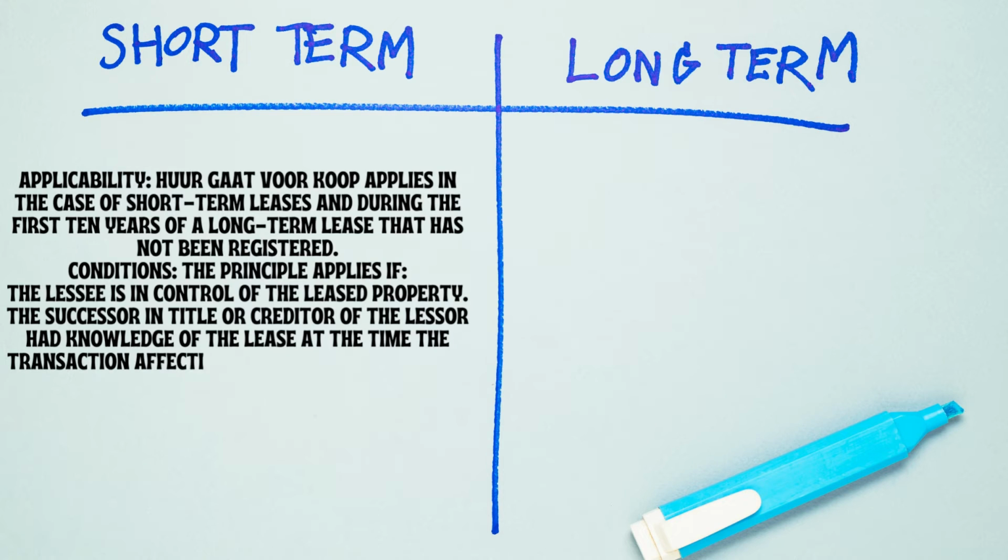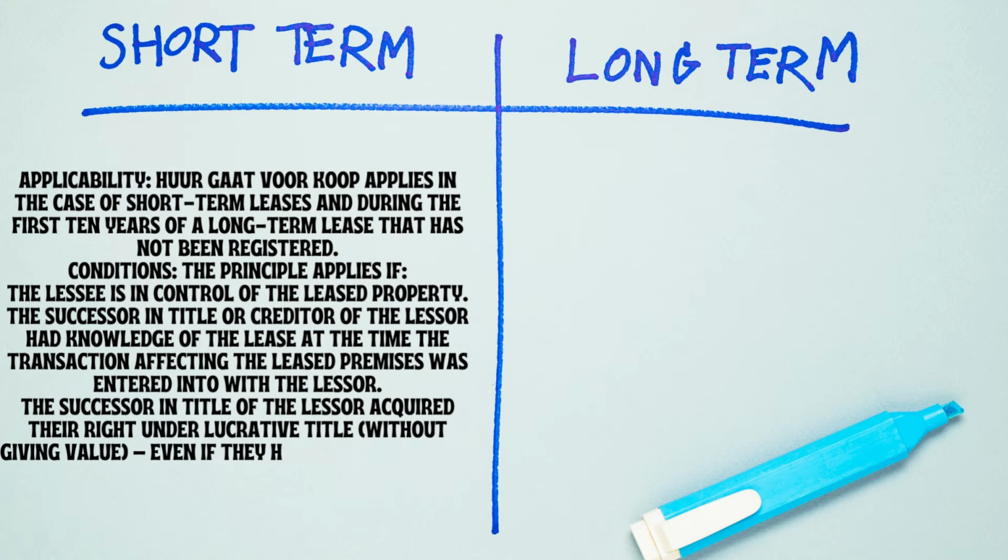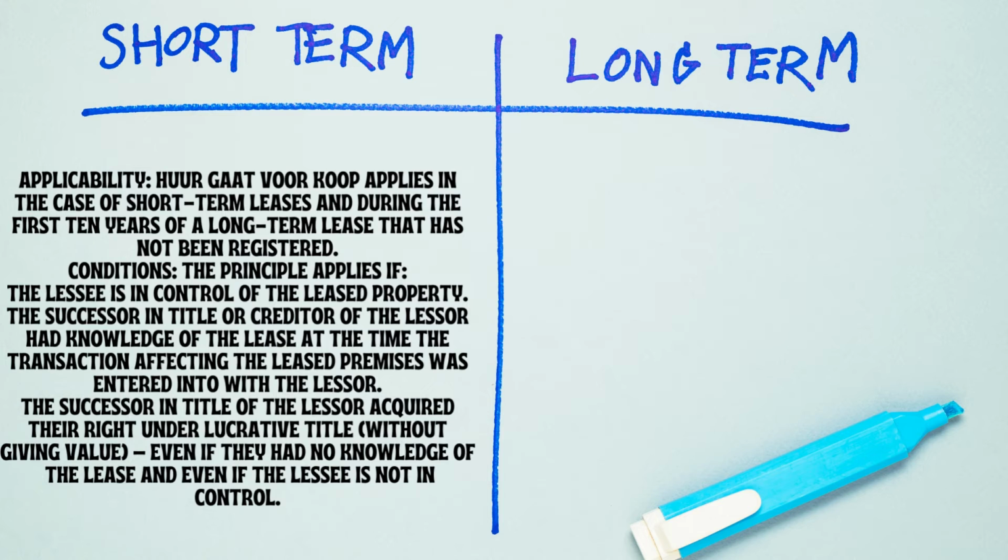The successor in title or creditor of the lessor had knowledge of the lease at the time the transaction affecting the leased premises was entered into with the lessor. 3. The successor in title of the lessor acquired their right under lucrative title, without giving value, even if they had no knowledge of the lease and even if the lessee is not in control.